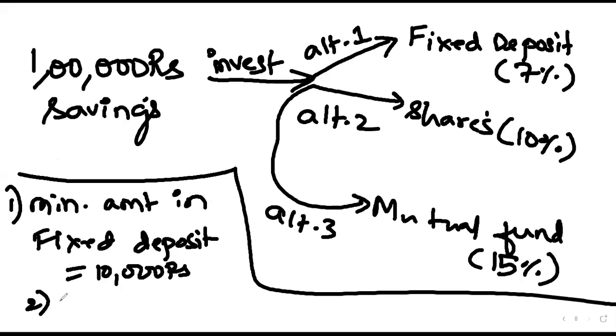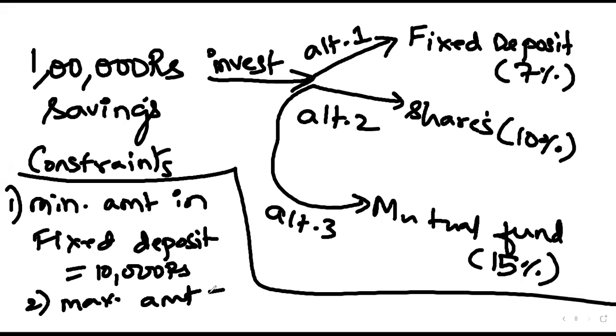Second, these are the constraints. Next is minimum amount in the fixed deposit. Maximum amount in mutual fund is 60,000.